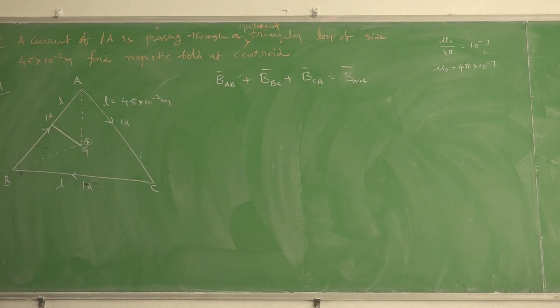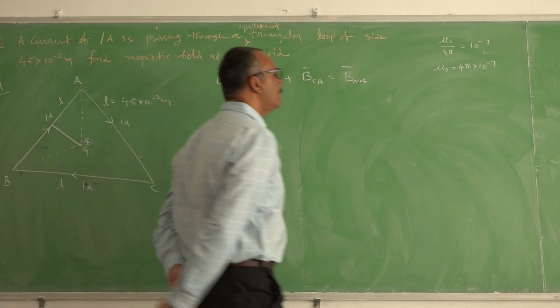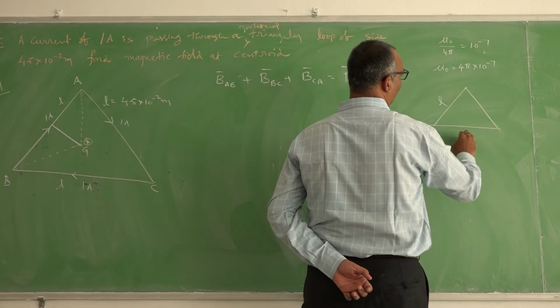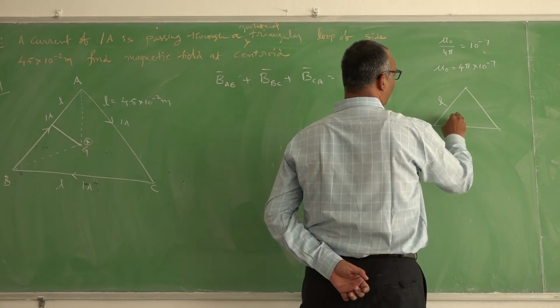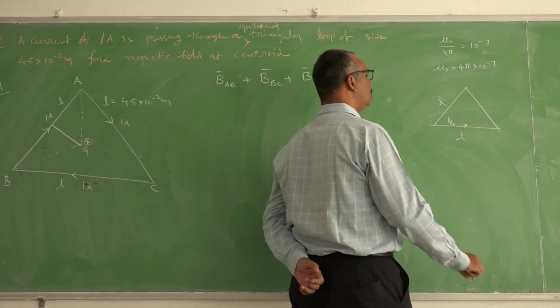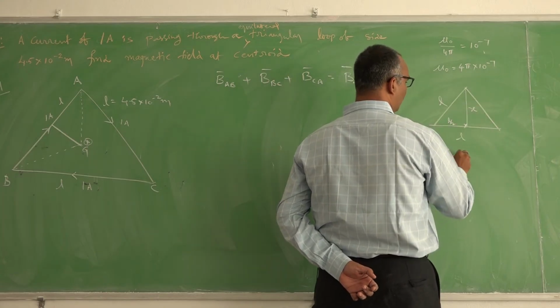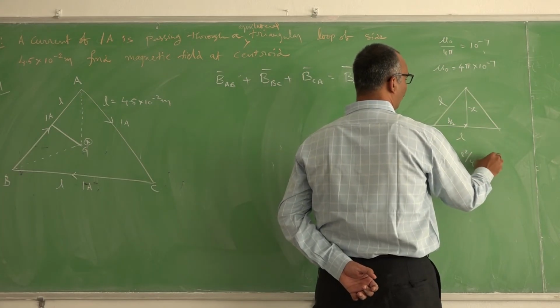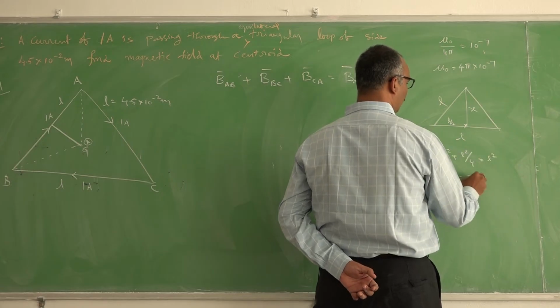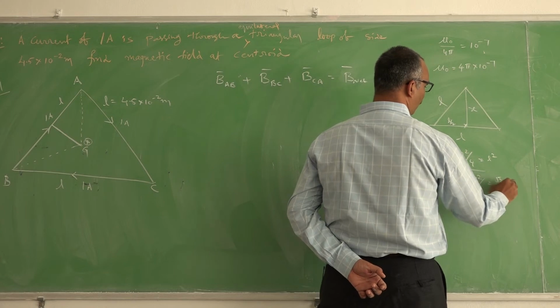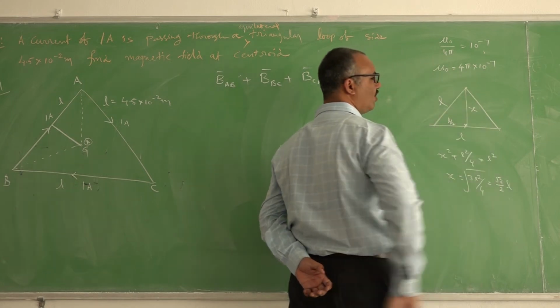We know that in an equilateral triangle of side length L, if one side is L, the other is also L. So the midpoint means it is L by 2. This distance, let it be x. So x square plus L square by 4 is equal to L square. So x is equal to root 3 by 2 L, which is the length of the median.